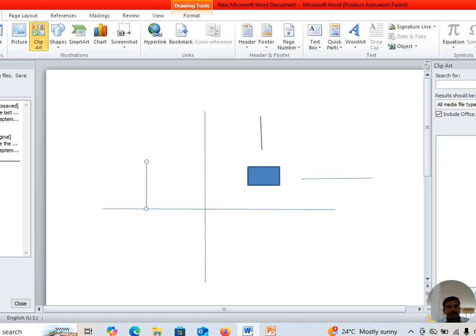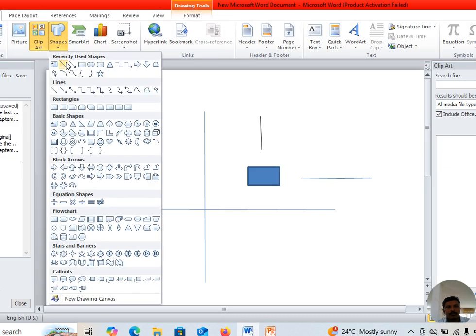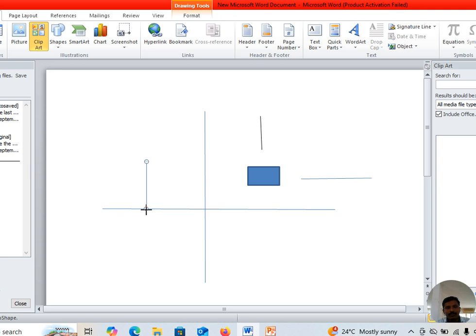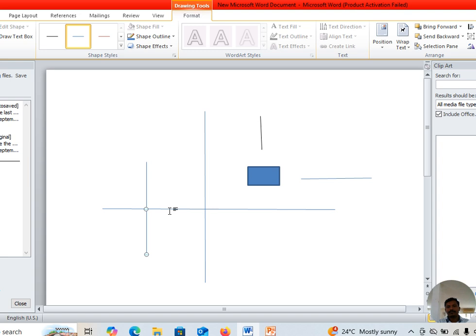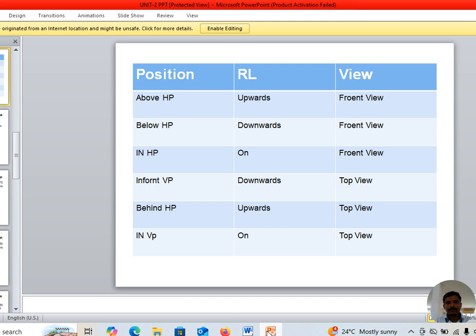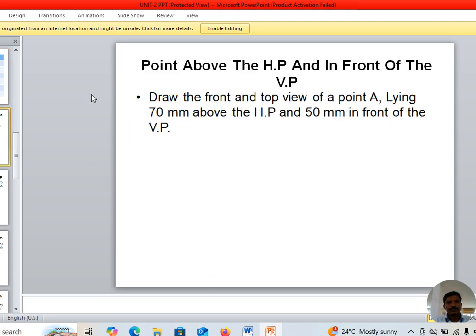Here I am drawing the line downward with 50 mm. It is the first condition: the point above the HP and in front of the VP.